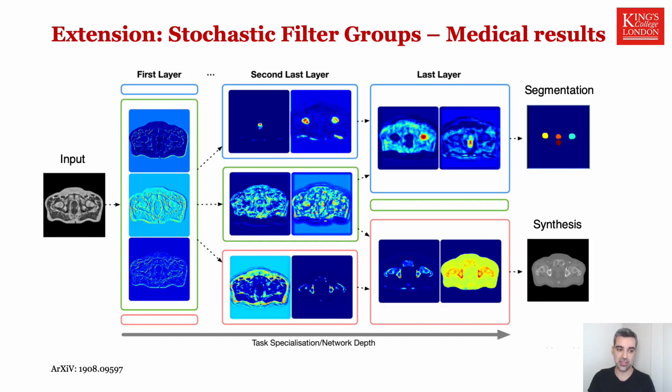The synthesis part in red at the bottom of the second layer shows you regions that are very important from synthesis purposes, for example, things like bone or the fatty tissue, which are going to influence your final CT that you're trying to predict. And the shared component, again, gives you kind of mixed information. It's a little bit hard to interpret here, but it is still information that is useful from the point of view of being able to segment and synthesize these CTs.